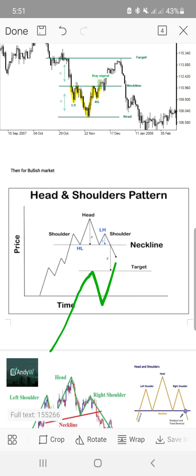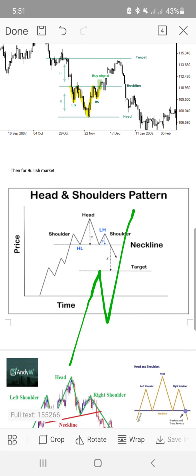Then it goes back up and breaks that first point and comes down. Wait, I'm not drawing this right. Like this. The market goes up first, right? Then comes down to form the first shoulder. Then it goes past that shoulder to form the head. Then comes back to touch that neckline.